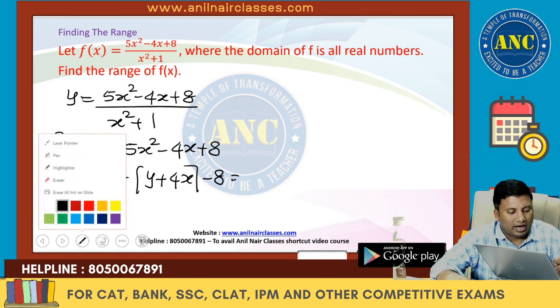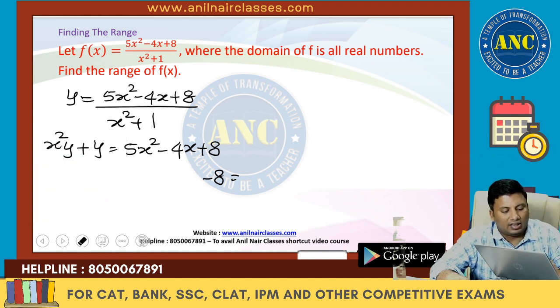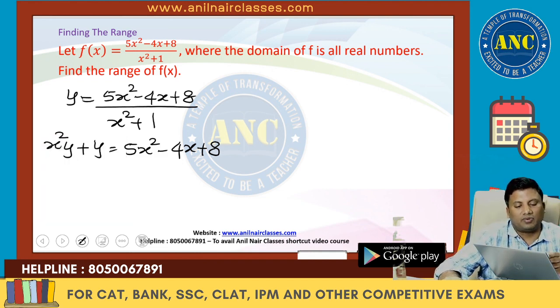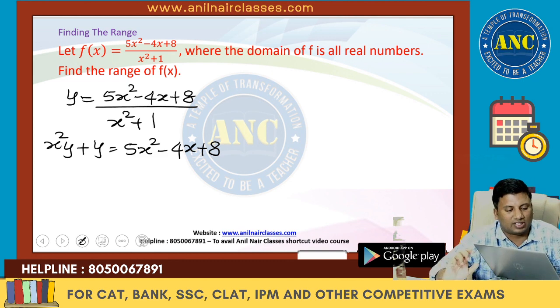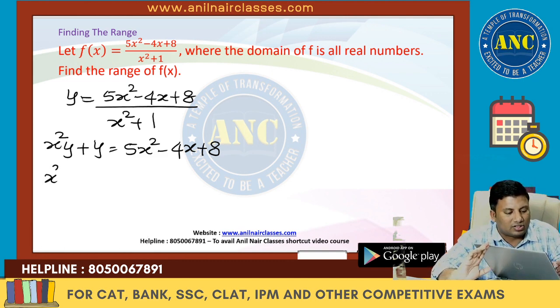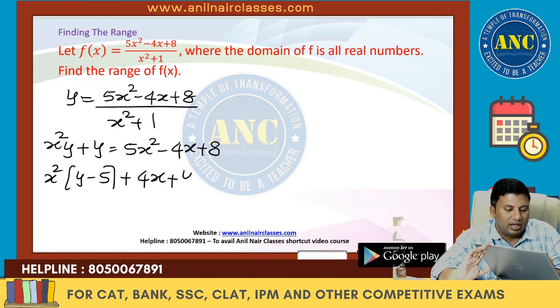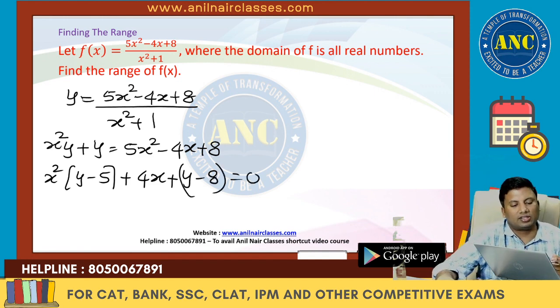Let me write this equation again. x square y plus y is 5x square minus 4x plus 8. So x square into (y minus 5) plus 4x plus (y minus 8) equivalent to 0. Is it clear?